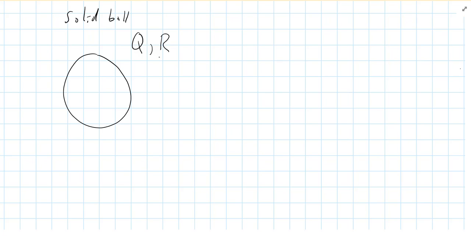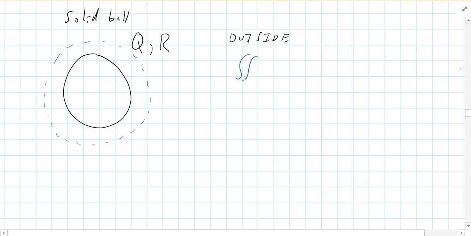Well, if you're outside the ball, we're going to draw our Gaussian surface outside the ball, concentric with the ball. And you do your double integral E dot dA equals Q in over epsilon naught.